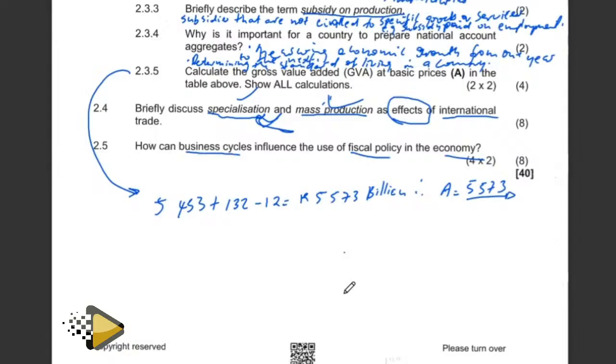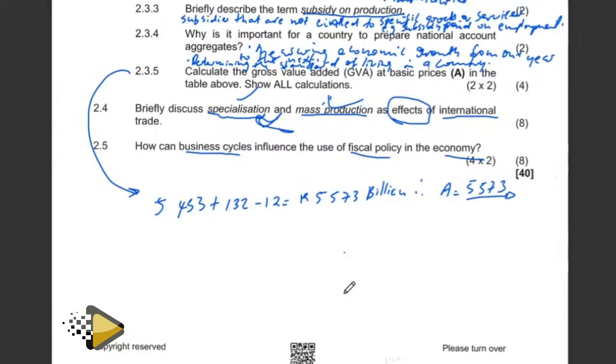The instruments the government normally uses are government spending as well as taxation. It depends on whether the economy is in a drought or at a peak. When the economy is in a drought, the government has to spend more and reduce taxation. But when the economy is at a peak or boom, it means economic activities are doing very well, so the government has to lower its spending but increase taxation.